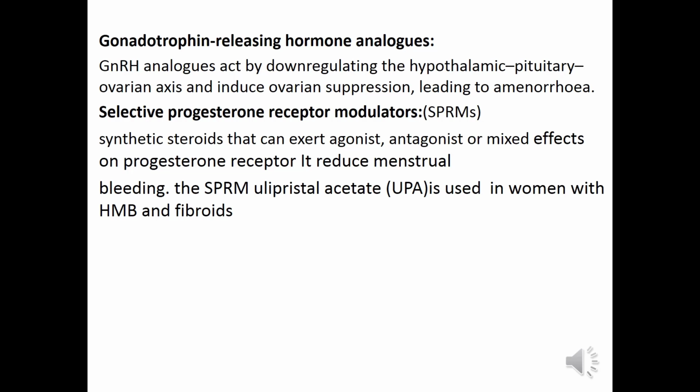Selective progesterone receptor modulators are synthetic steroids that can exert agonist, antagonist, or mixed effect on progesterone receptor and reduce menstrual bleeding. Ulipristal acetate is used in women with heavy menstrual bleeding and fibroids.